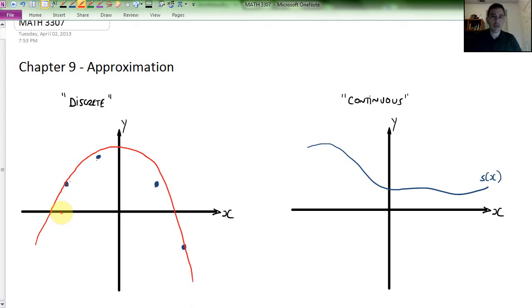It doesn't mean that it will go through the 4 points. So that would be the best quadratic function that you can find. We could also approximate the points with the best cubic function or the best logarithmic function and so forth. So that's the idea. That's what we're going to do in this chapter.